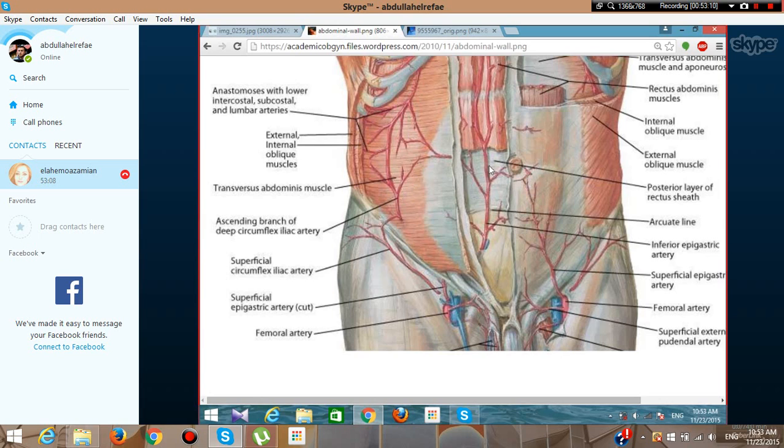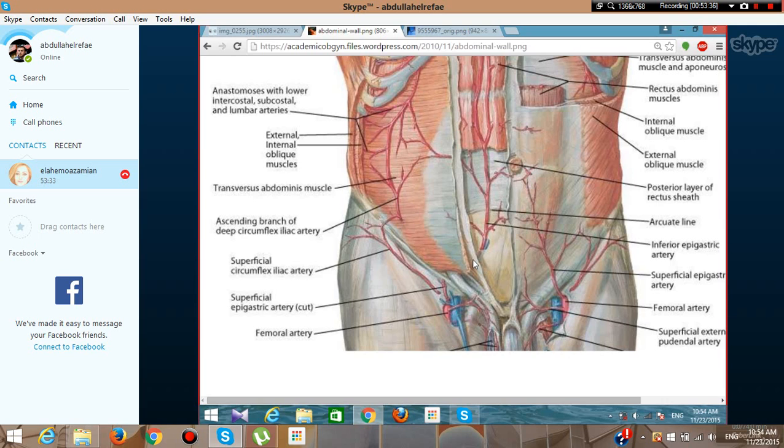So what about inferior epigastric? Where do you get these from? You see the femoral artery here. What is the continuation of the femoral artery here? External iliac artery. Very good. So from the external iliac, here you can see two branches. One of them is inferior epigastric.